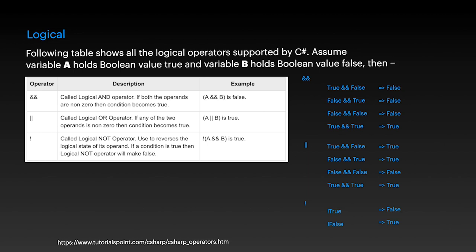Okay. So and is called and, right? A needs to be true. Now A holds Boolean value true and B holds Boolean value false.